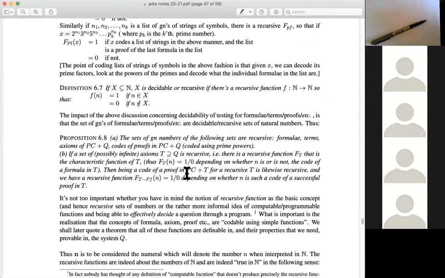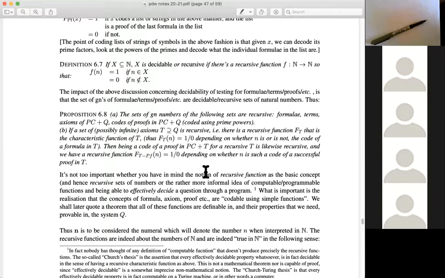Then being a code of a proof, using prime powers, using predicate calculus and the axioms T, then code numbers of proofs also are recursive sets.